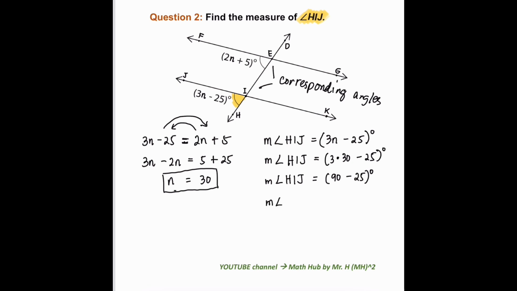The measure of angle HIJ is 65 degrees. And that is the answer.